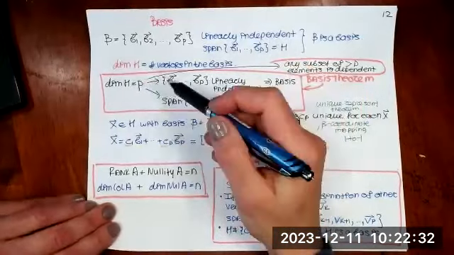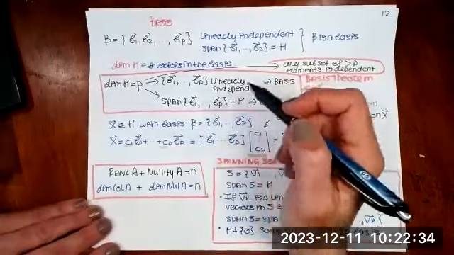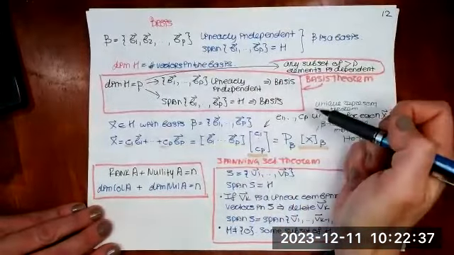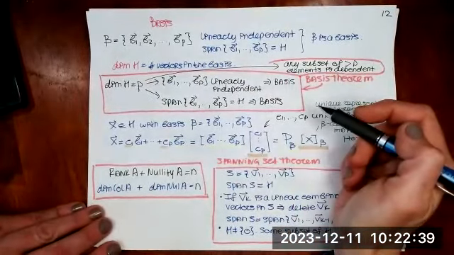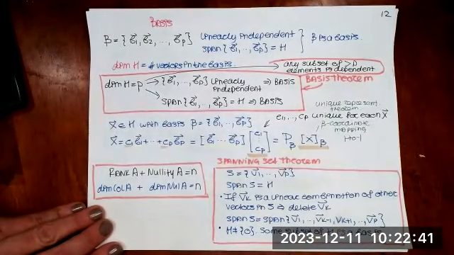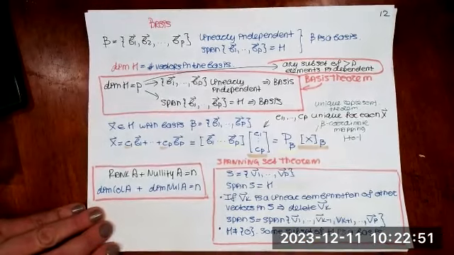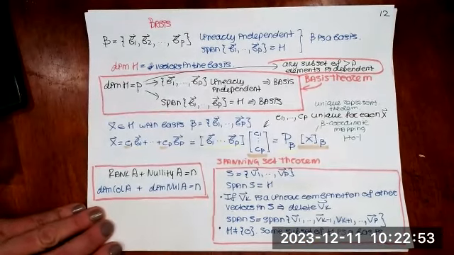So a basis is a linearly independent set that spans the subspace. It's the smallest set of vectors I need to be able to generate any vector in that subspace, and for that, I need this linear independence. Then the dimension of the subspace is the number of basis vectors.